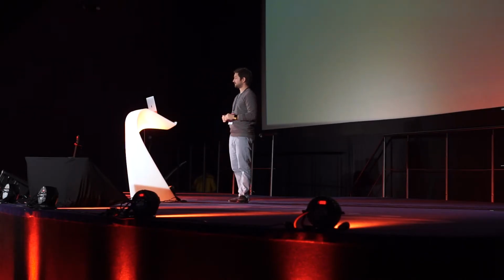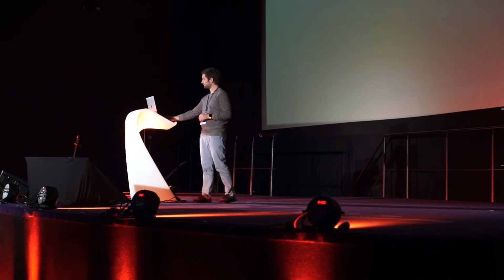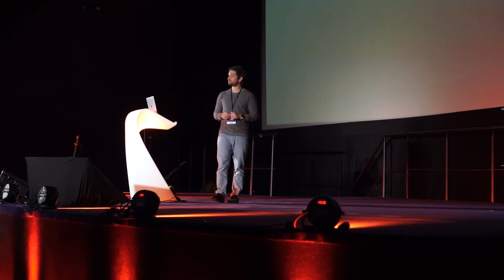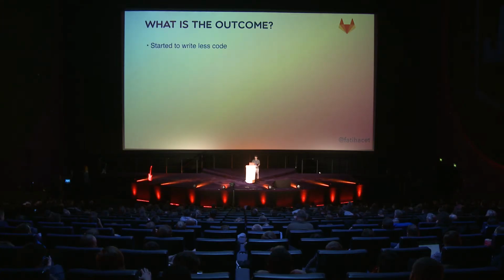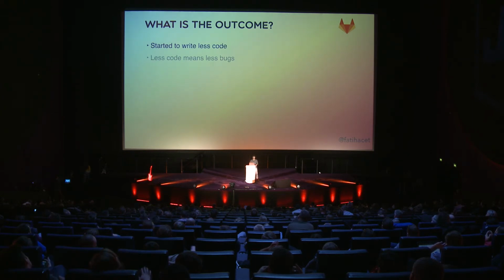Okay, so what is the outcome? We started to write less code because Vue is reactive enough. We created components, so we reused them, and we started to write less code.